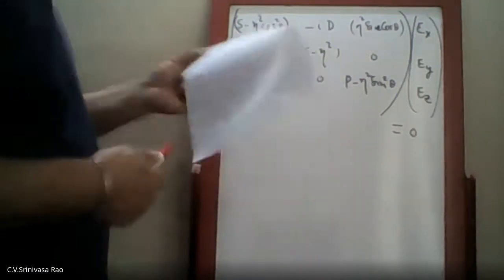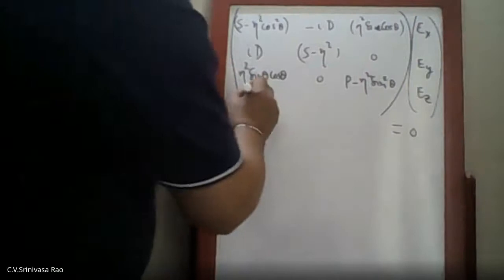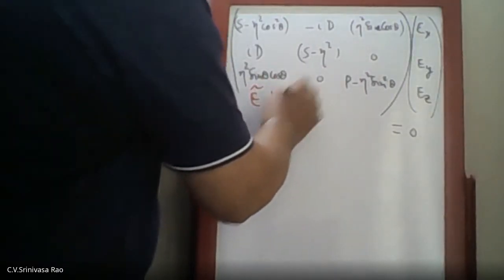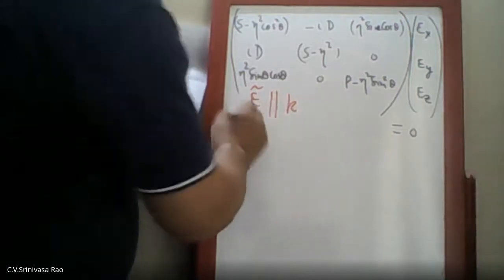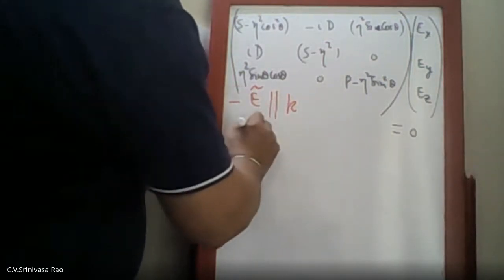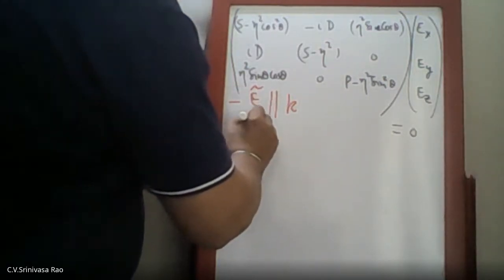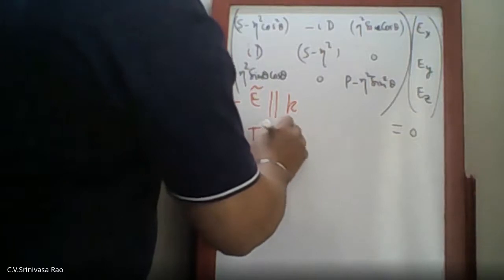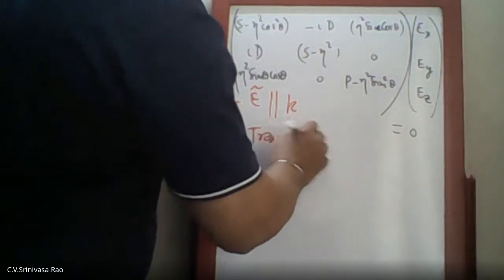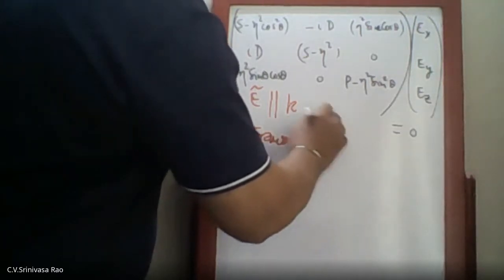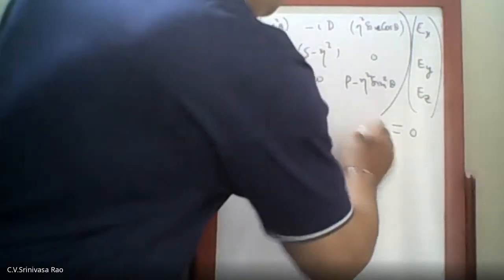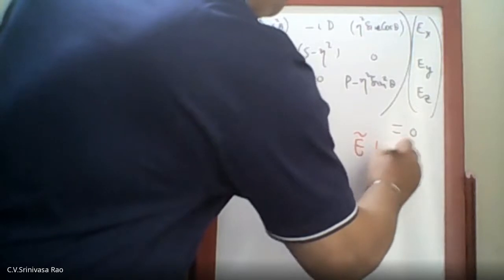And E was parallel to K. Whereas in the second case you will get two waves, which are transverse to K, which means E is perpendicular to K.